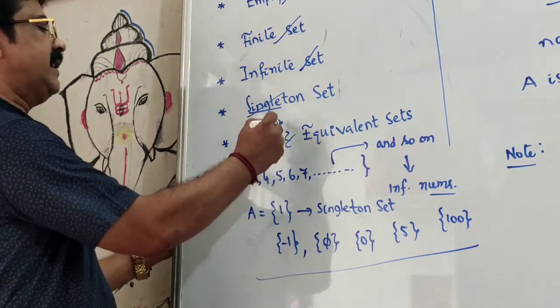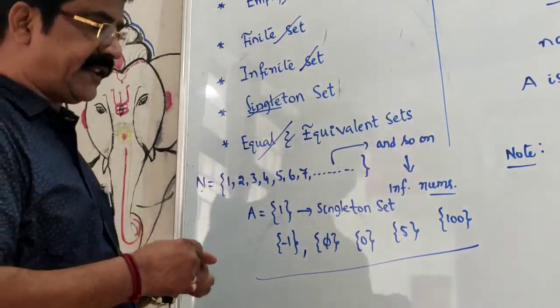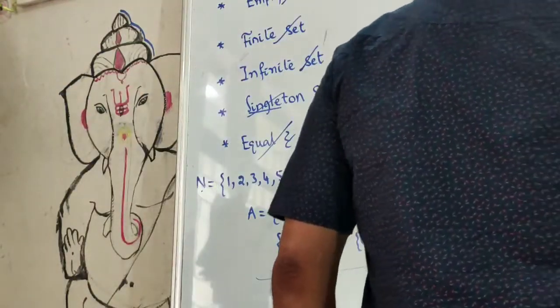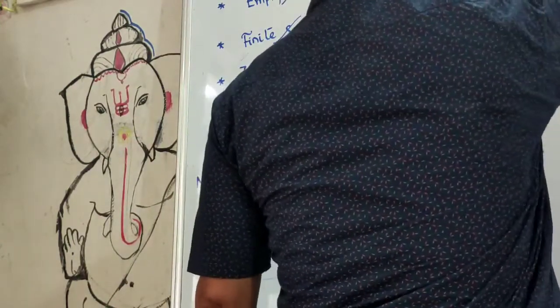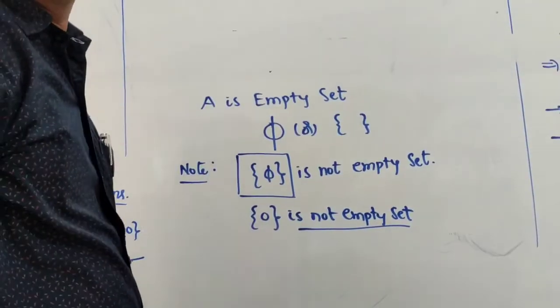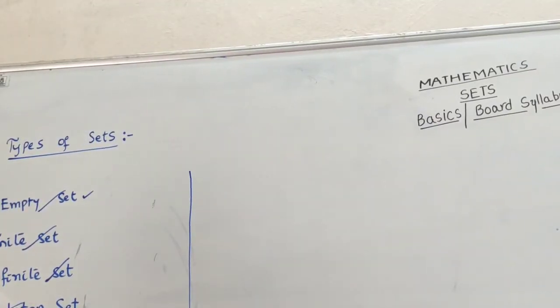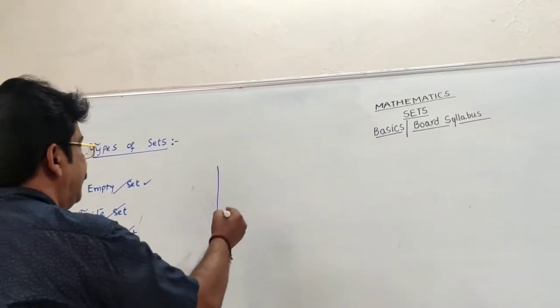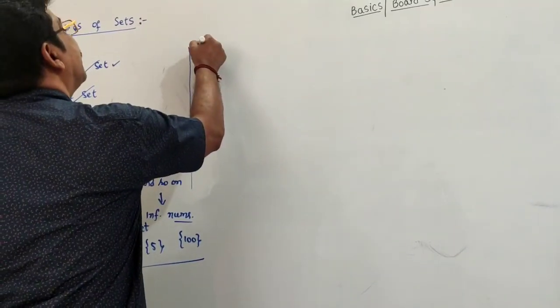Next, another important definition is equal and equivalent sets. First, equal sets.